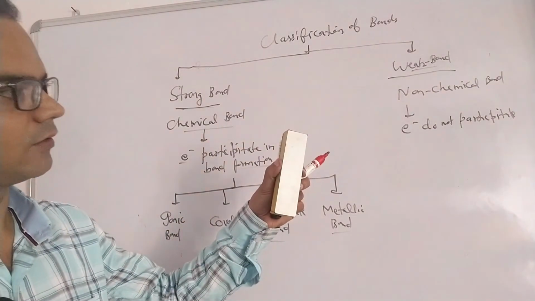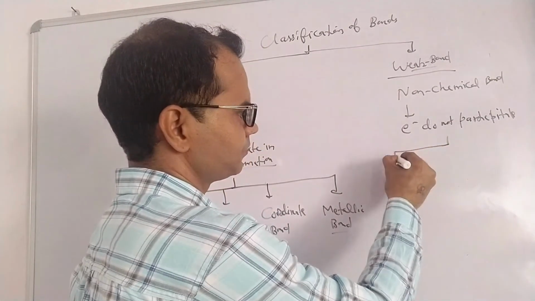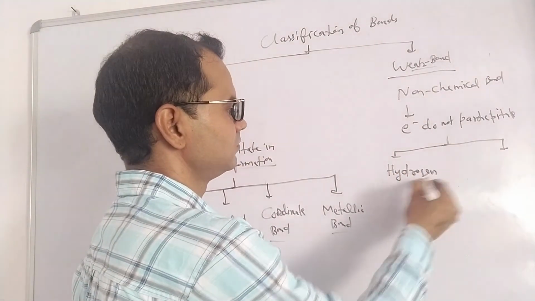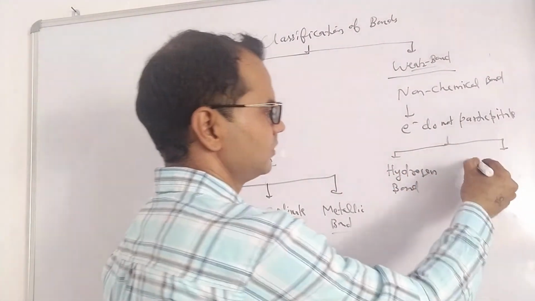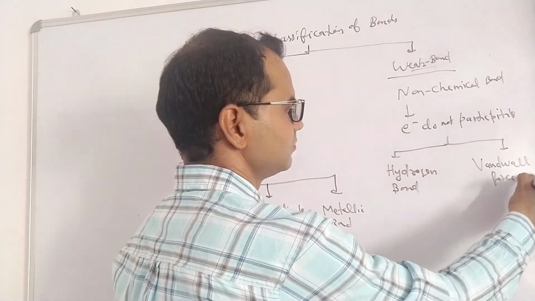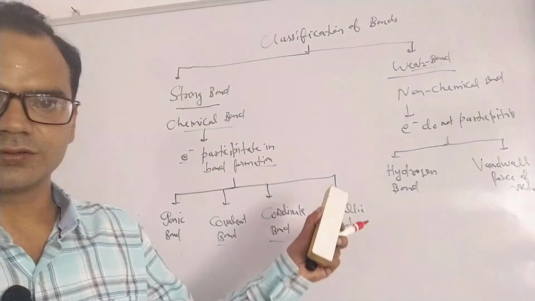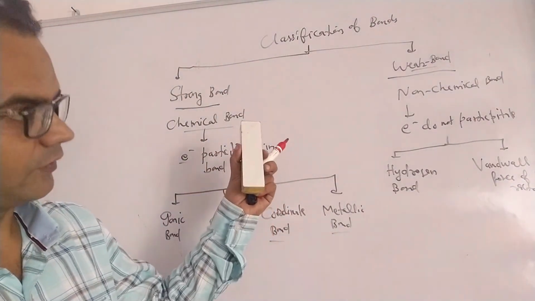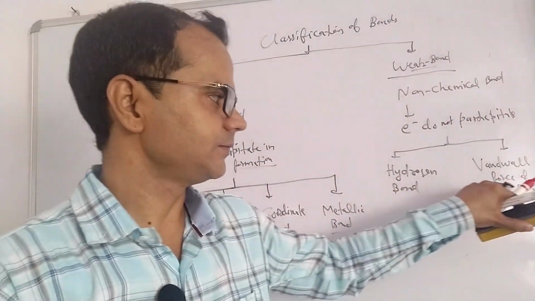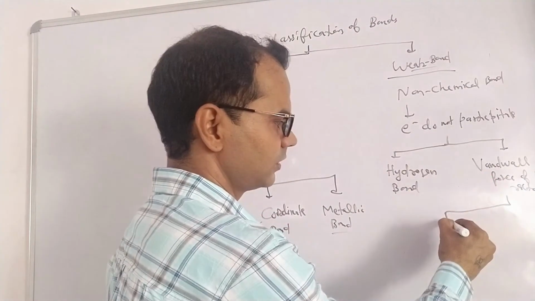And if electrons are not participating in bond formation, then bonds are of 2 types. Hydrogen bond and a van der Waals force of attraction. This is further of 3 types.